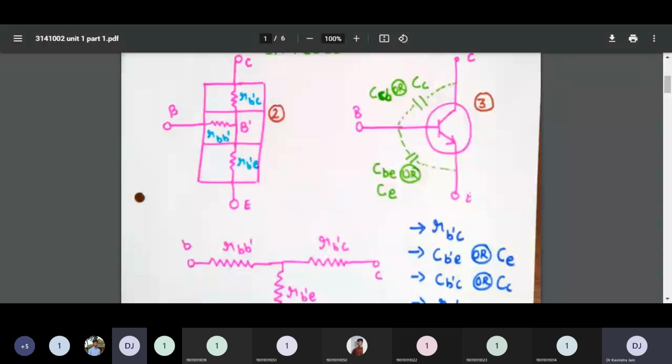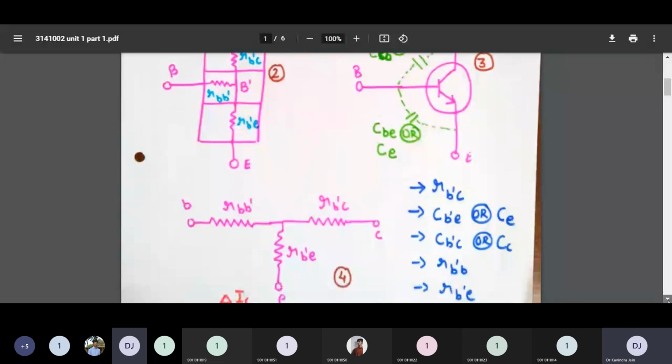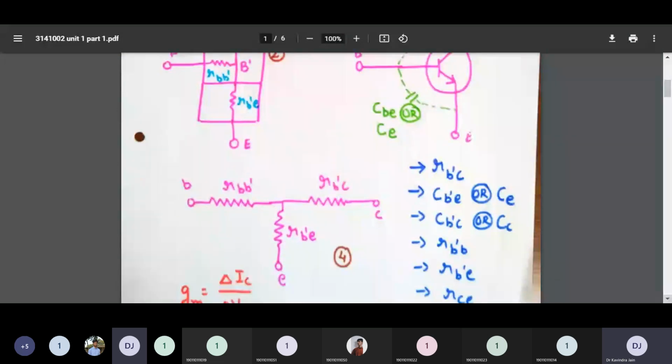This spreading resistance was between the external base terminal and the internal node B dash, which was created because of the early effect.